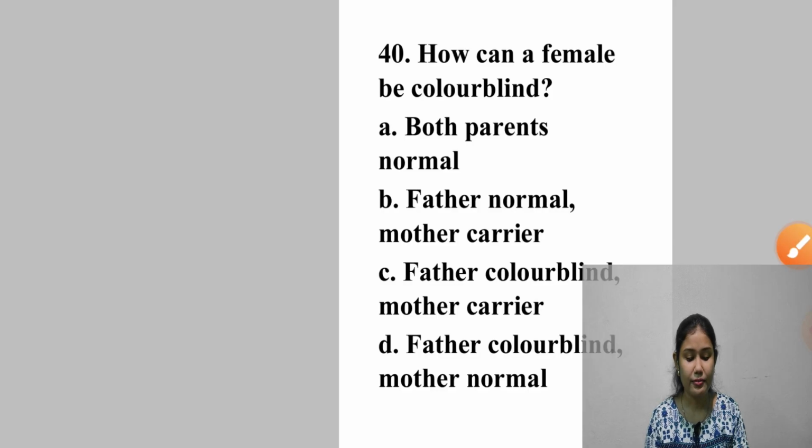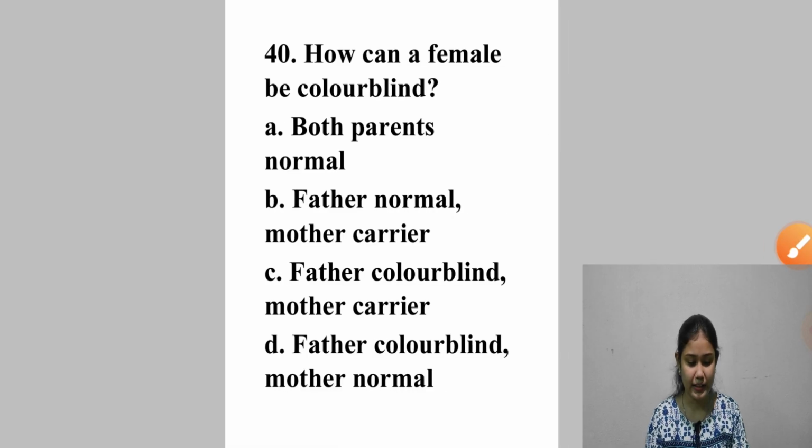How can a female be colorblind? A. both parents normal, B. father normal, mother carrier, C. father colorblind, mother carrier, D. father colorblind, mother normal.